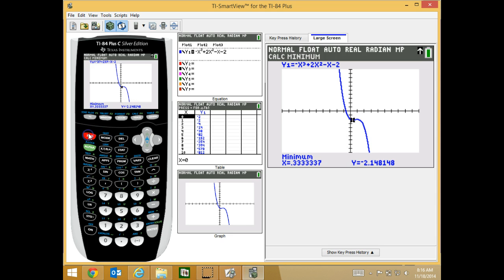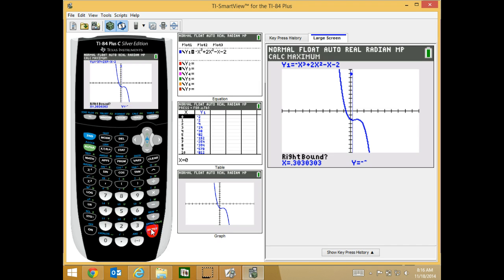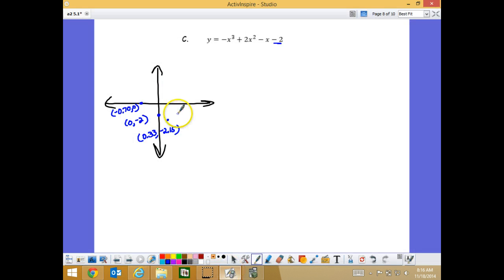Right about there. So I'm going to calculate that maximum. And the maximum is at 1, -2. So that's going to be straight across from the y-intercept.